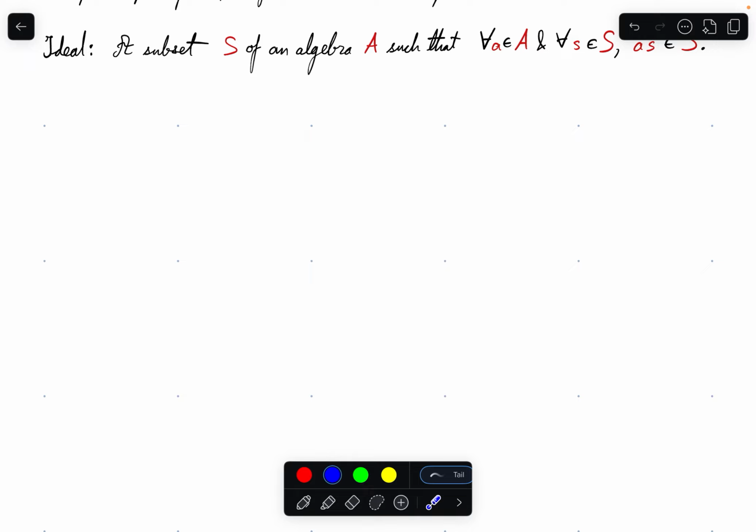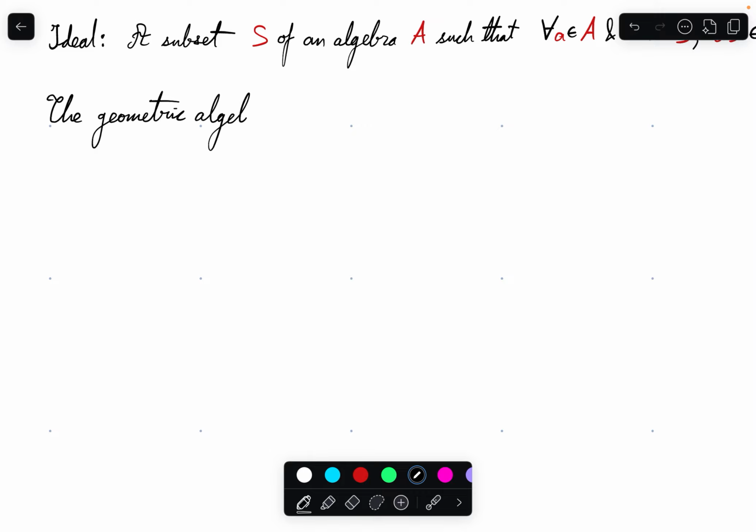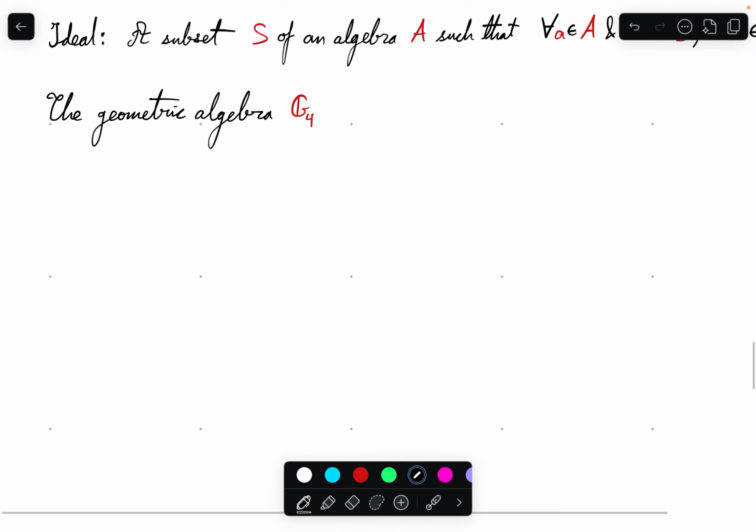Now let's talk about the geometric algebra we're in. Again, the geometric algebra G4, in which this paper takes place, has 2 to the 4th, so 16 basis elements.